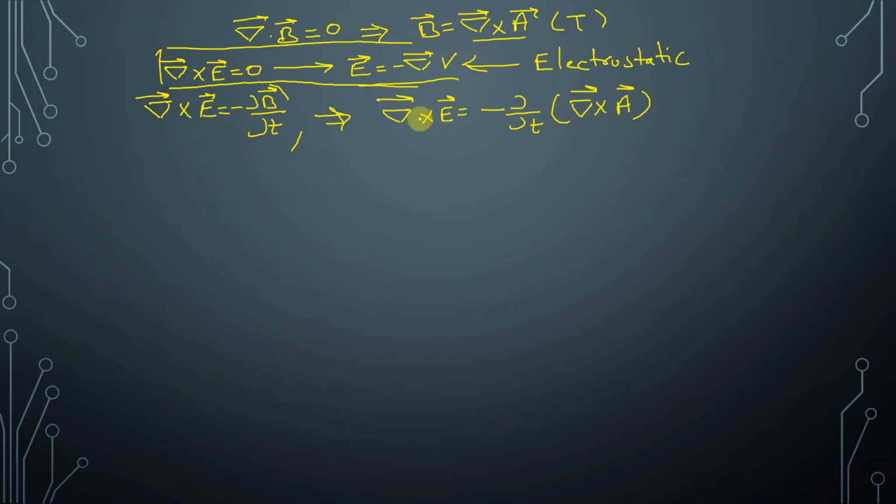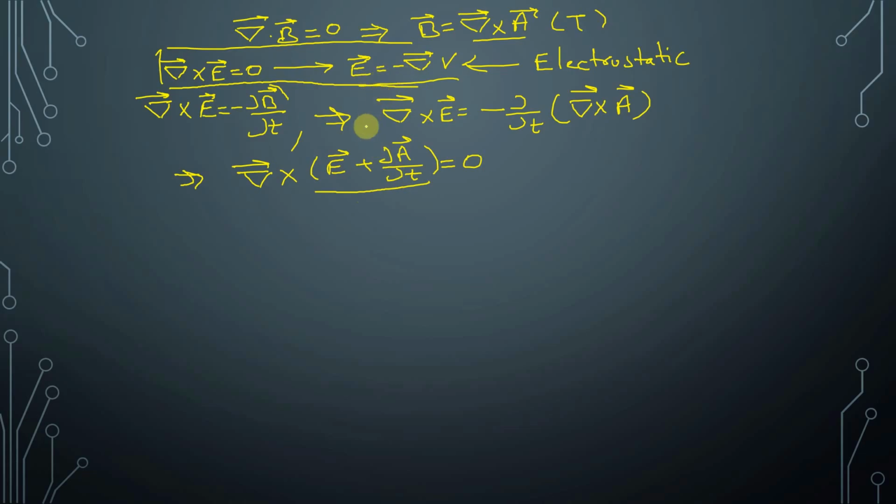Take it to the left hand side and take the del common. So del cross (E plus del A upon del t) is equal to 0. Now consider E plus del A upon del t as a single term.